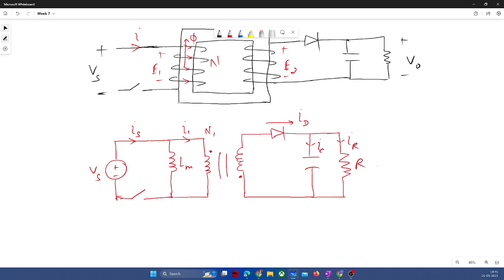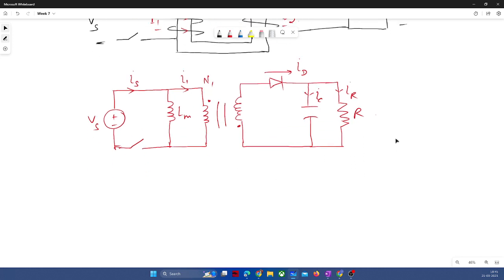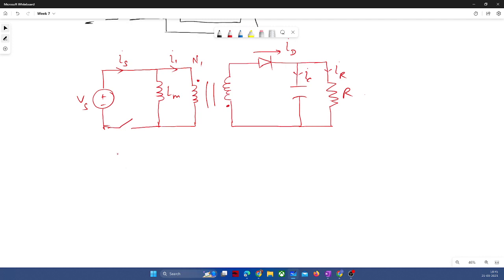So now when the switch will be closed, what will happen? Your magnetizing inductance will get charged. Let me draw the equivalent circuit for when your switch will be closed.